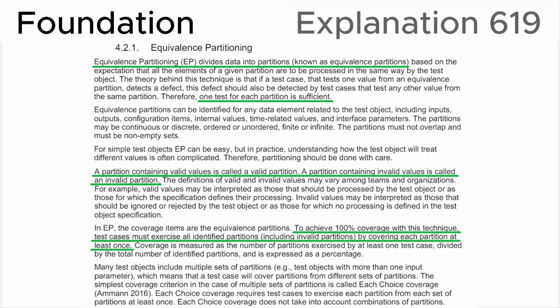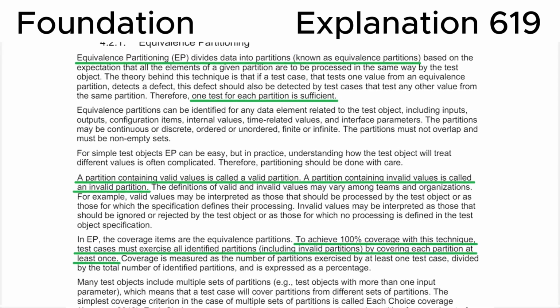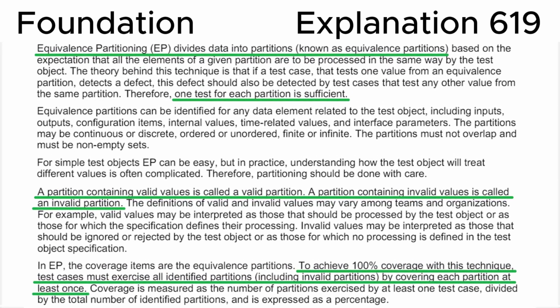Explanation. Finally, let's look at section 4.2.1, equivalence partitioning, in the ISTQB syllabus, where we can see that equivalence partitioning, EP, divides data into partitions known as equivalence partitions. One test for each partition is sufficient. A partition containing valid values is called a valid partition.